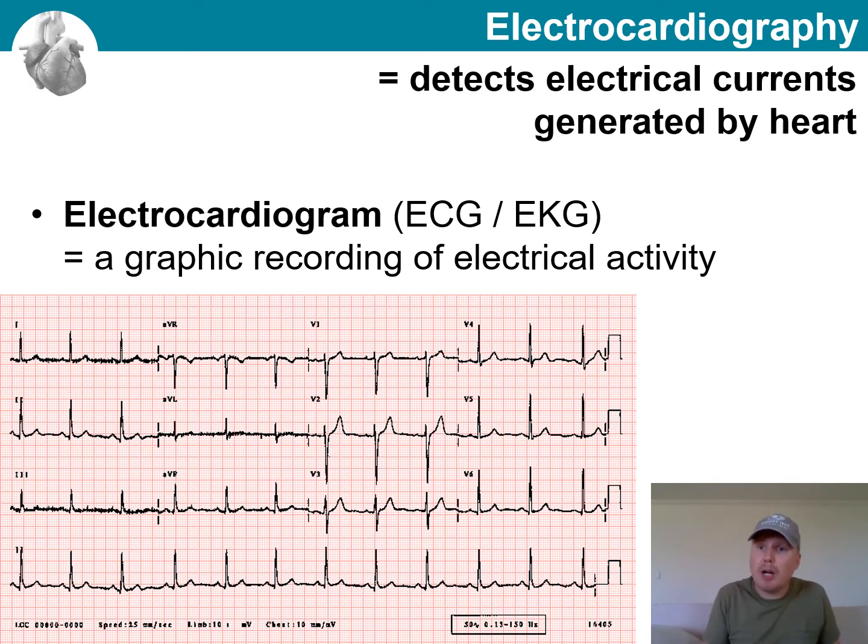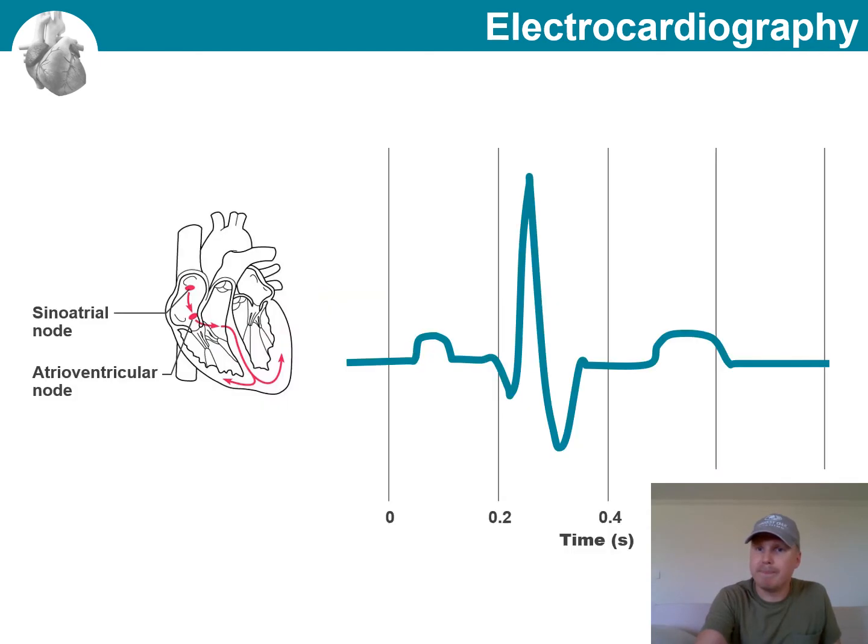What I do want to highlight regarding this method is that it is showing a summation of all action potentials rather than tracing a single one, as we saw in the earlier video. So what we will do is take a typical ECG trace and analyze the different components of it. Why don't we get started?